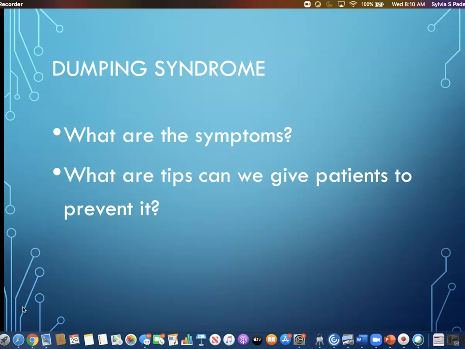Some of the symptoms will be nausea and abdominal cramping. And dumping syndrome occurs whenever some patients have had some form of GI surgery to help reduce their weight, basically termed weight loss surgery. And one of the ways to prevent this is to advise patients to not drink fluids with their meal, and that will help alleviate the dumping syndrome.